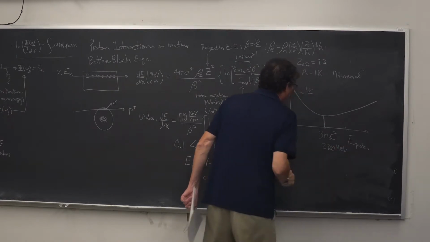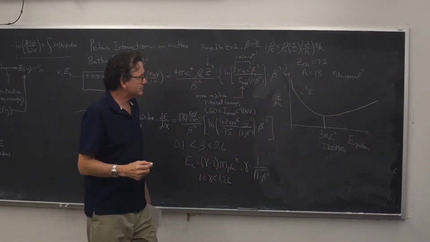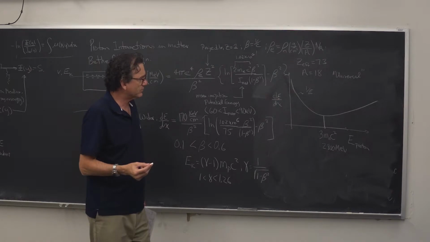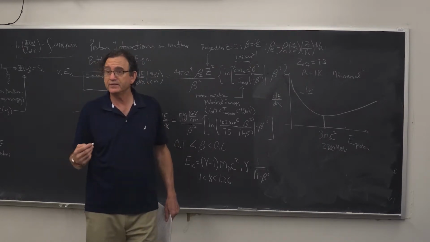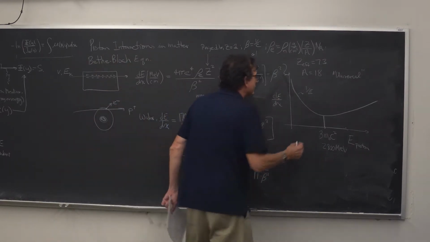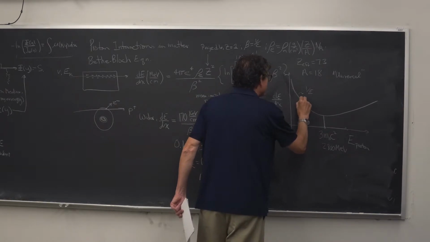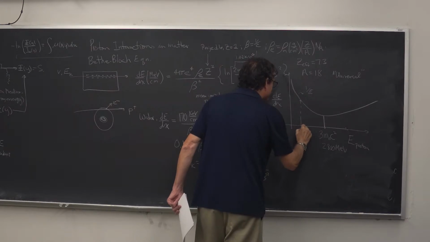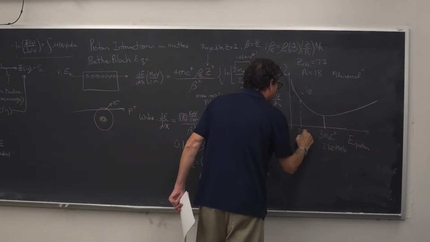It's up here. The region of interest for us, for imaging, where particle accelerators that are used for therapy get their beams, has their energy limited at about 250 MeV. So we're way down here somewhere. So this would be 250 MeV.